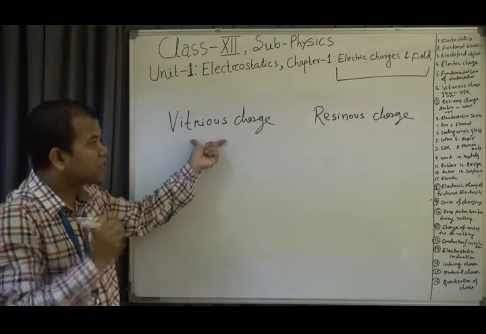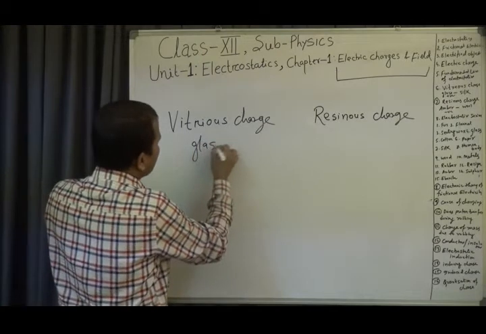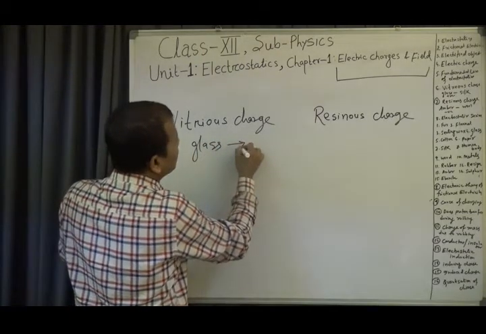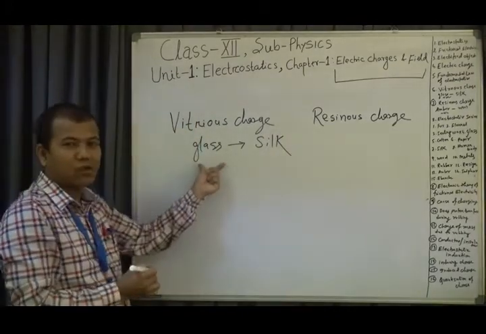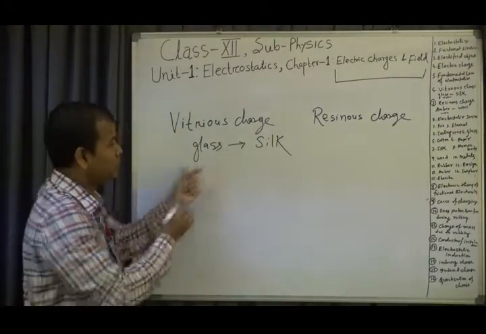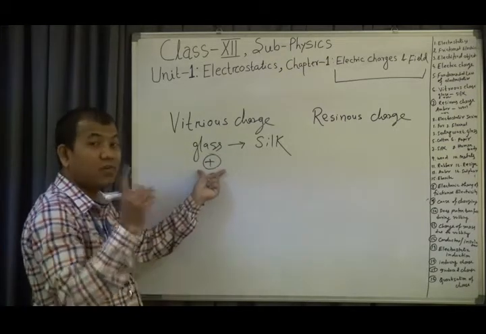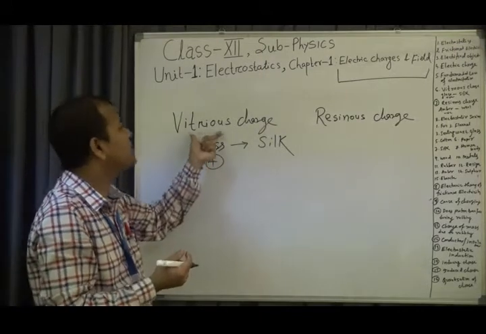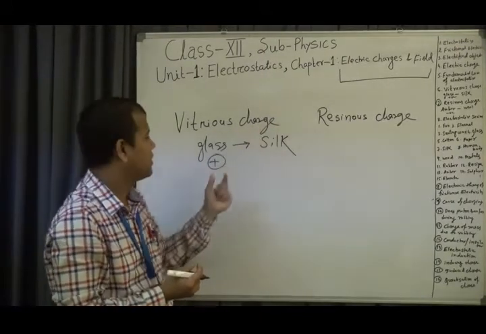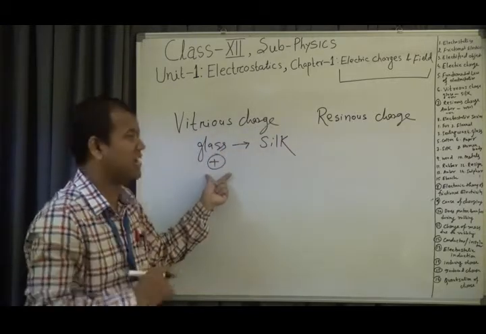Vitreous charge means when glass is rubbed with silk cloth, then glass will acquire positive charge. This positive charge was previously given the name vitreous charge. So it is a new term: vitreous charge means positive charge.